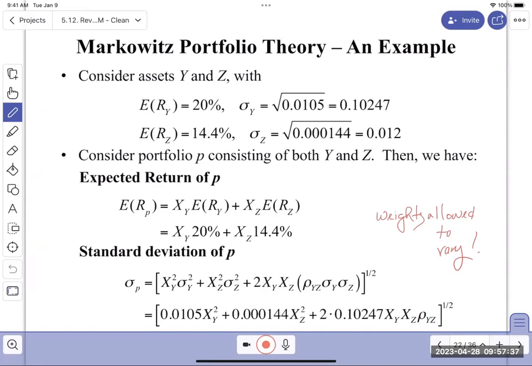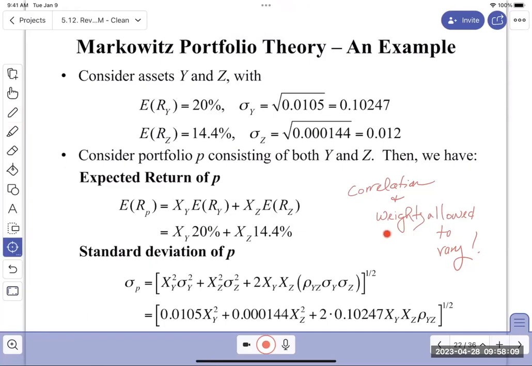So the correlation between them and the weights allowed to vary. Now, I don't choose the correlation. That's going to be given. In reality, I don't get to choose that. So although correlation is not my choice, I have to live with what the correlation is.